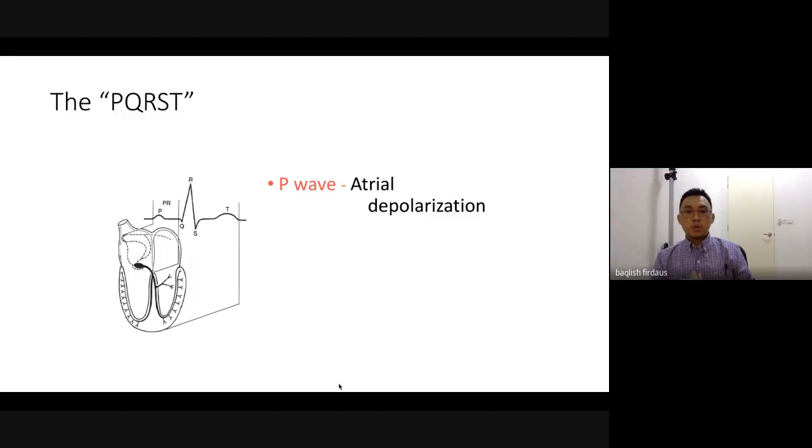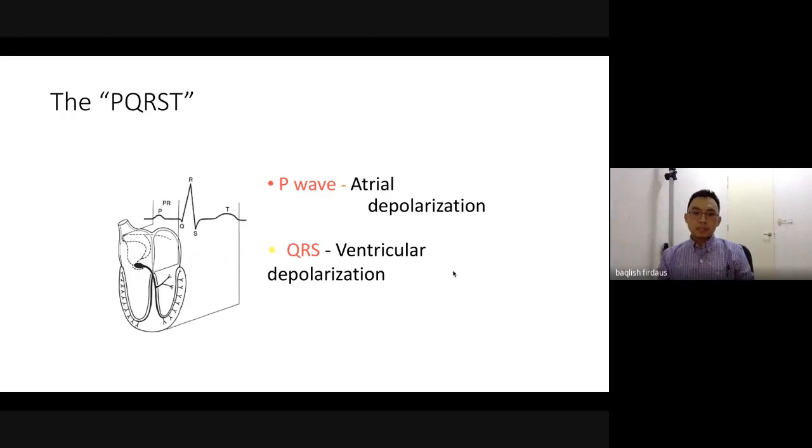So what happens during the P wave? Actually, P wave means atrial depolarization. This is the electrical depolarization of the P wave. But this one is for electrophysiologists. They understand P wave as atrial depolarization. But for general knowledge, P wave is considered as atrial contraction.